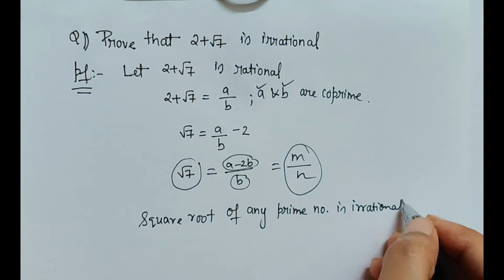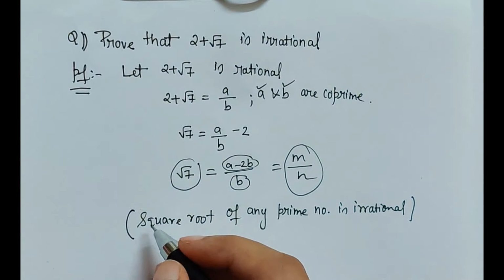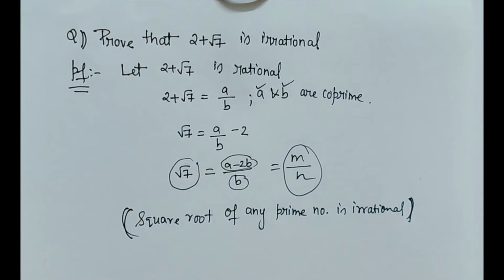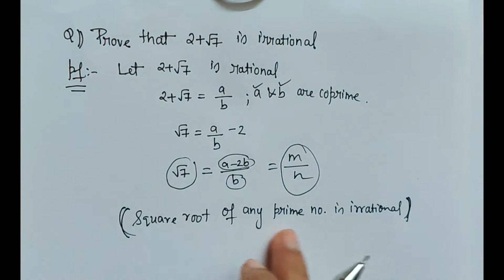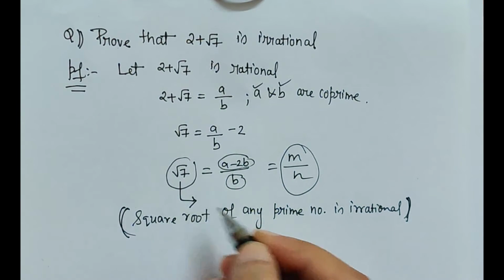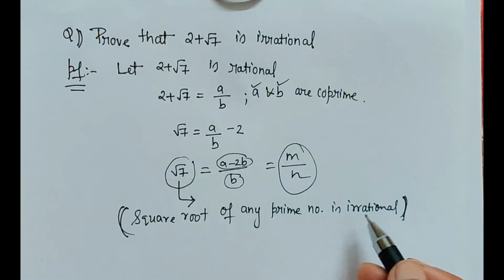It is a very, very important property of class 9, which generally students forget. It can be written over here: square root of any prime number is irrational.